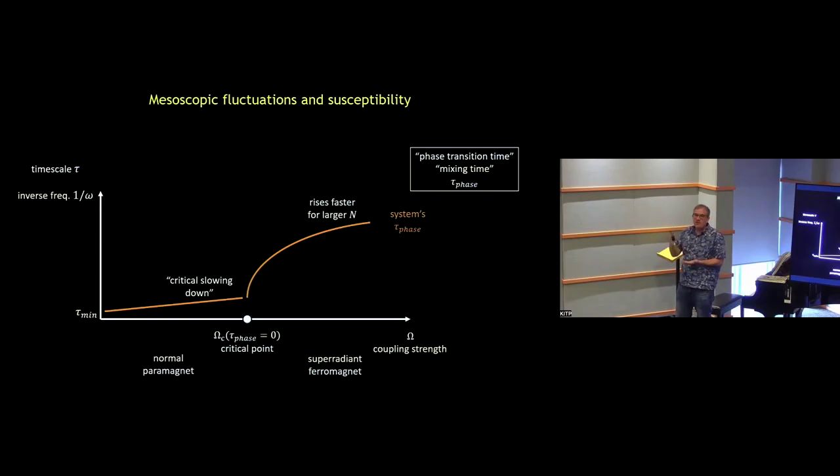So for a large-scale ferromagnet, as soon as you pass the critical point, basically the system is infinitely decisive. It just breaks symmetry and stays there, and it never mixes up. But for a really small nanomagnet or a mesoscopic system, you would expect this rise to be more gradual. This is the time over which the system actually ergodically samples all of its states, not just the one broken symmetry state that it fell into to begin with.